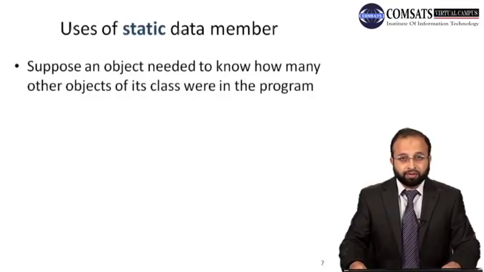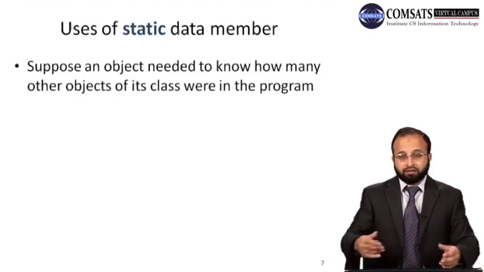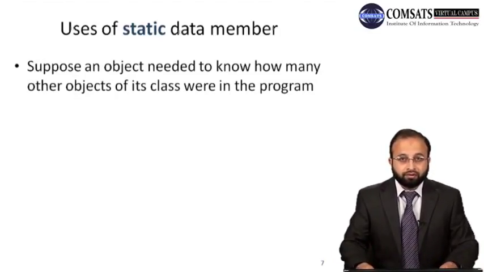Before the static data member, we don't know any such mechanism that we can use very conveniently. For that, maybe we can write a function if we don't have a static data member. So a static data member can solve this problem because it is shared among all the objects of that class.